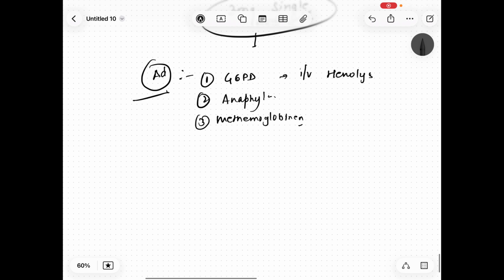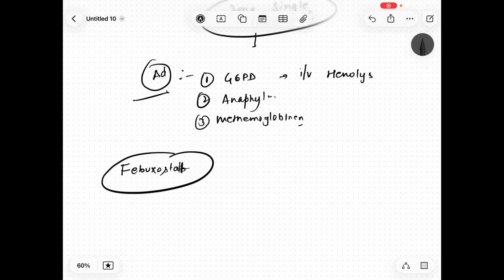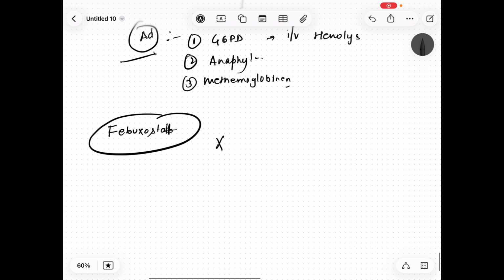Now coming to the last drug, which is febuxostat. It is also a xanthine oxidase inhibitor like allopurinol, but it has lesser drug interaction and is safe in renal failure.